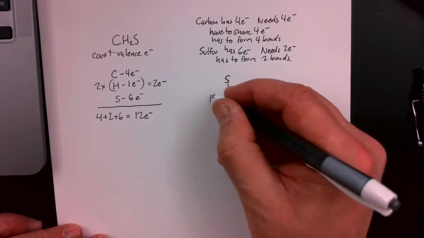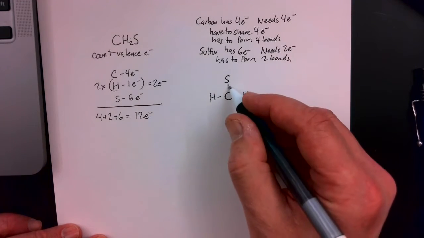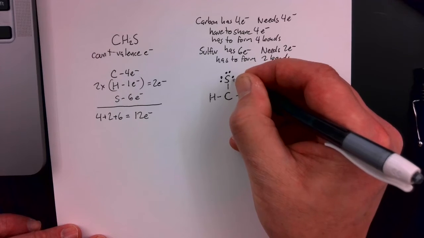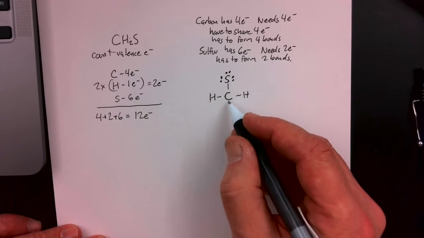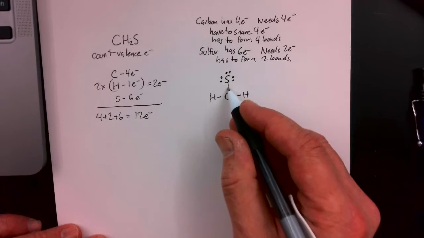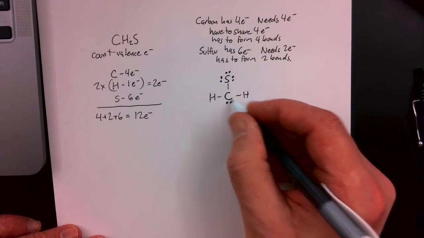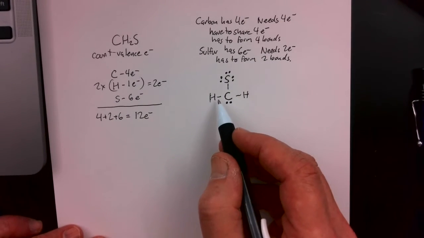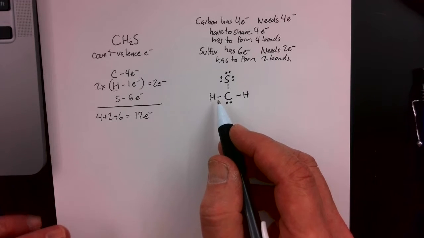Well, if I've drawn my skeleton, I need to then fill in octets. So sulfur has 2 on the bottom. I'll put 2 on the left, 2 on the top, 2 on the right. Carbon, I should say, has 2 on the left, 2 on the top, 2 on the right, and so we'll put 2 on the bottom. So octet around carbon, octet around sulfur. Remember, hydrogen only gets 2 because it's in the first energy level, and it can only hold a total of 2 electrons.